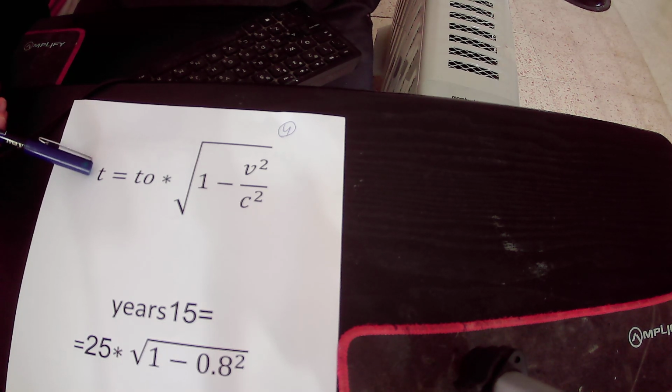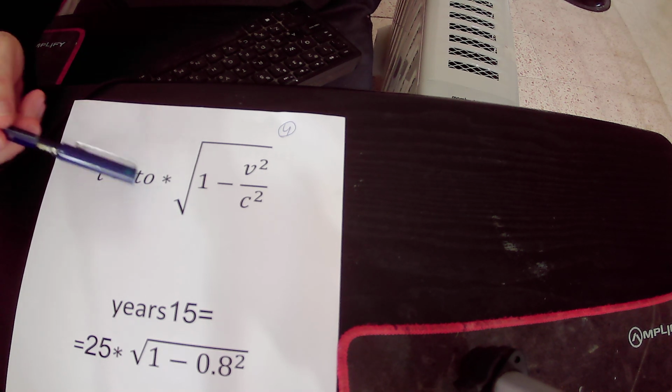T is the time that has passed in the spaceship, the time that has passed for the one that is moving at very high speed in space.